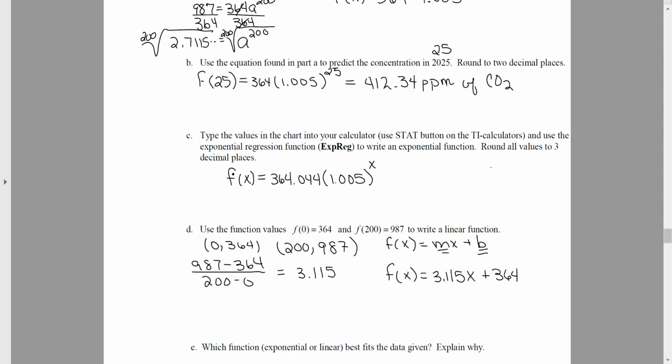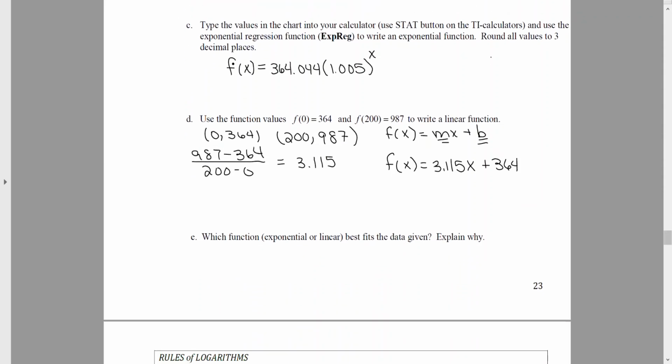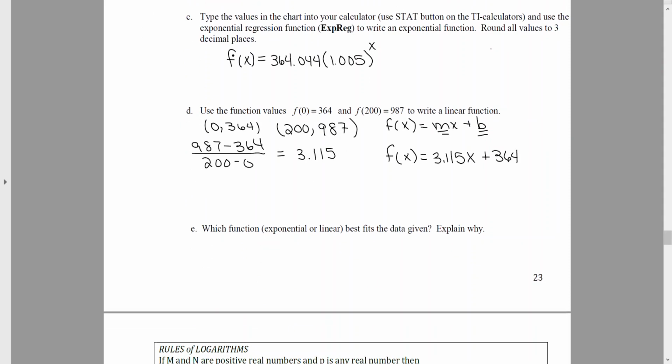Okay. So again, the unit label on that average rate of change would have been parts per million of carbon dioxide per year. For our last question, which function, exponential or linear, best fits the data given, and explain why?